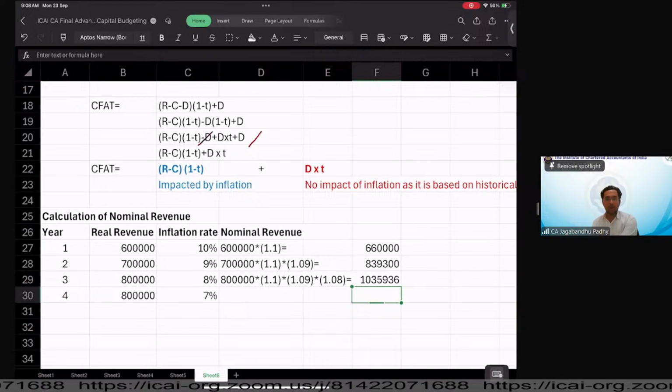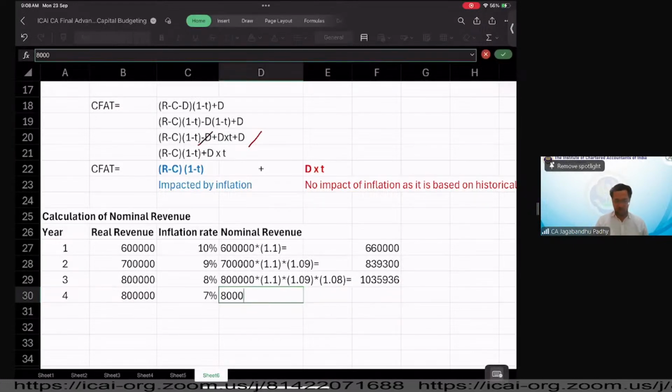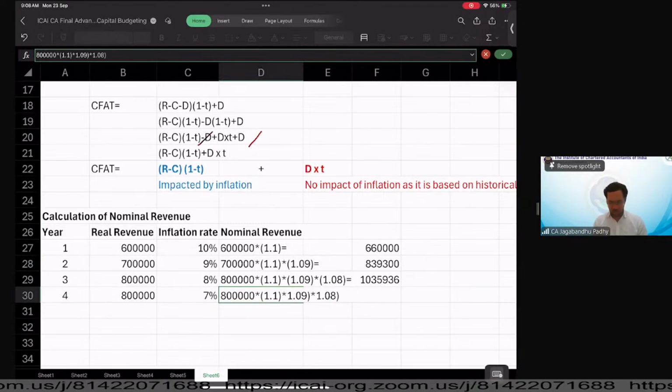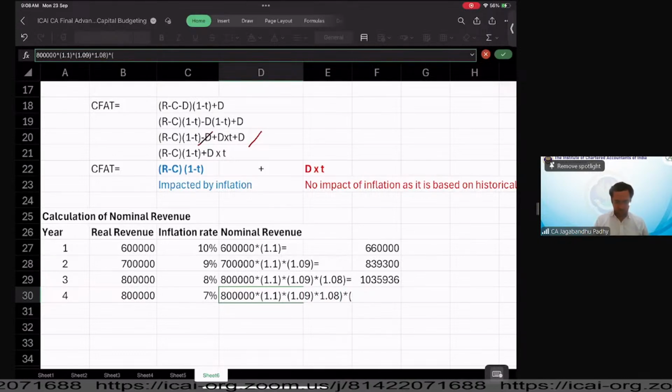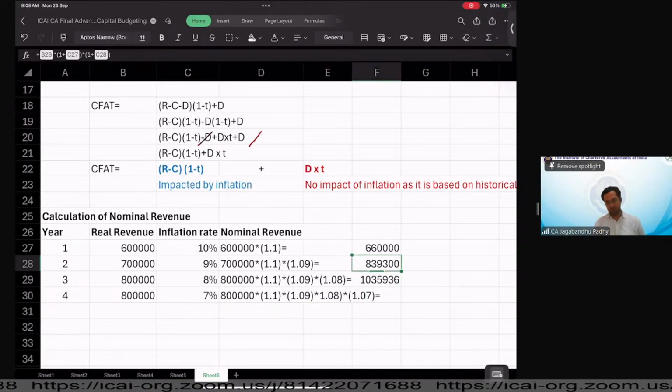Then nominal revenue for the fourth year will be 8 lakh into 1.1 into 1.09 into 1.08, and we need to also multiply one more factor with it, which is 1.07, because that's a 7% inflation rate.